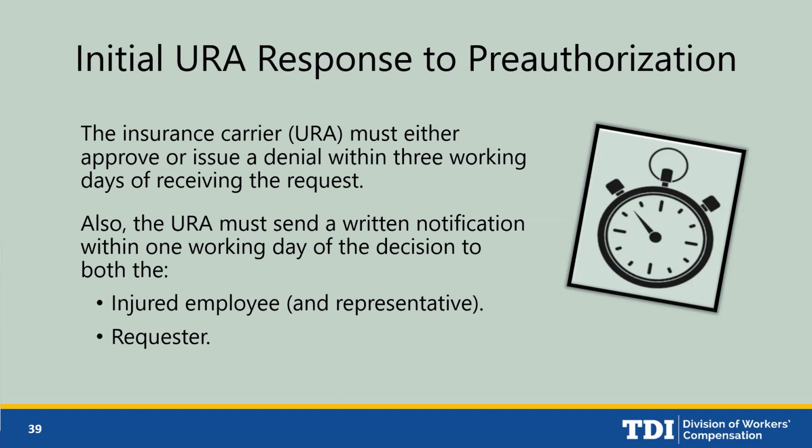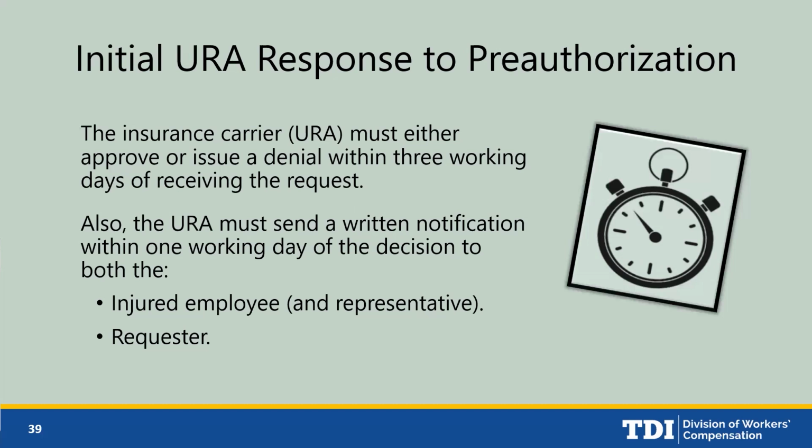So the URA must either approve or issue an adverse determination, which is also known as a denial, within 3 working days, also defined in our statute, working days of receiving that request. Also, the URA must send written notification within 1 working day of the decision.